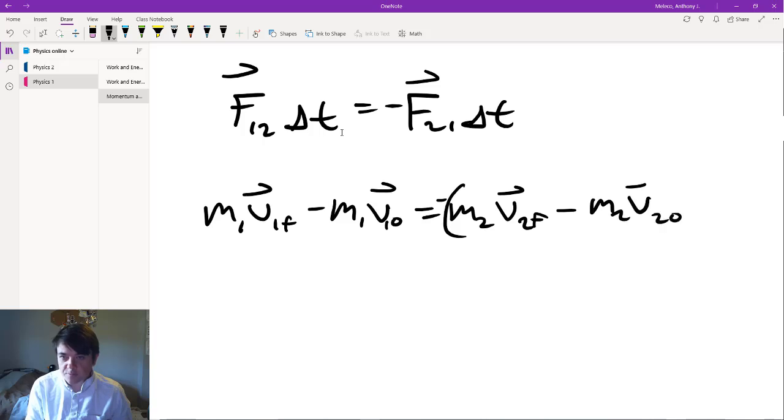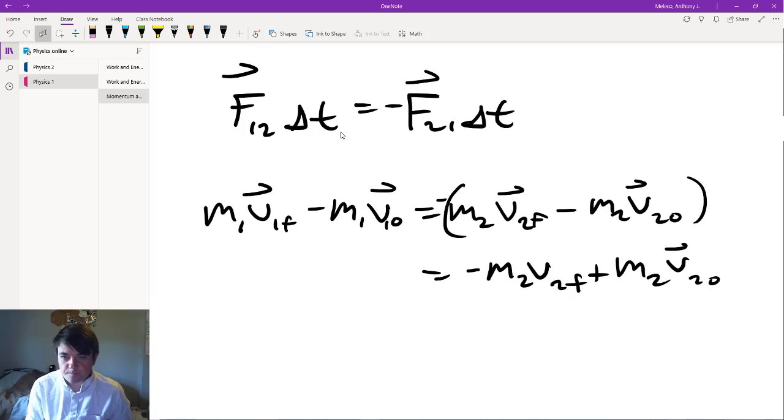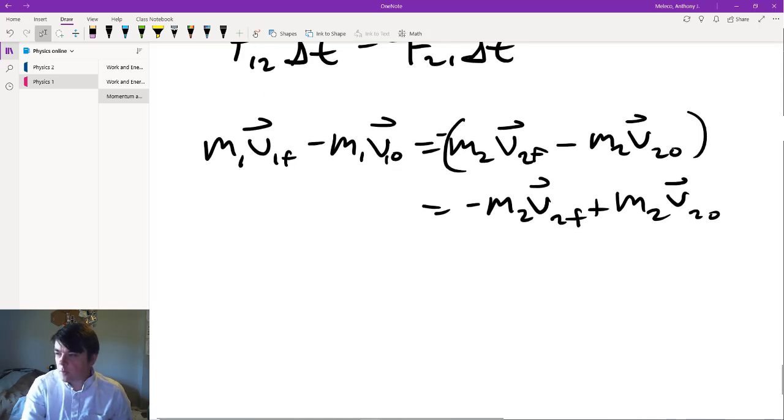Sorry, I have to get all the subscripts right, gotta focus. We can apply this minus sign: minus m2 v2 final plus m2 v2 initial. Now we can rearrange this.